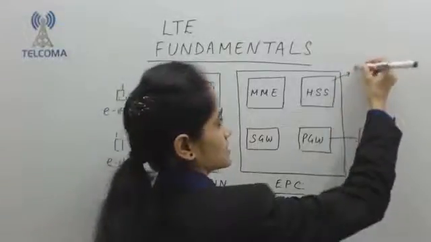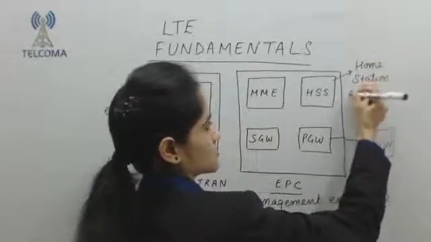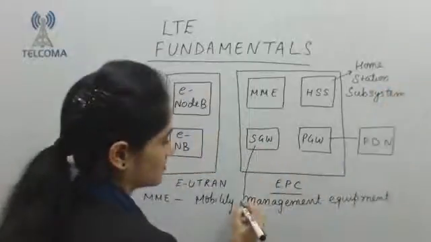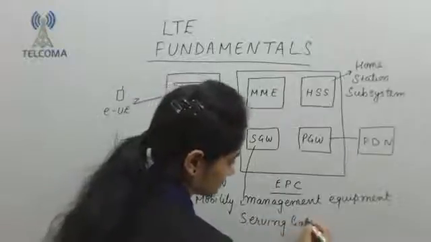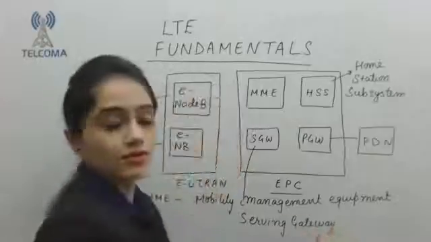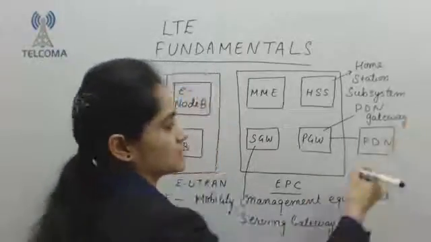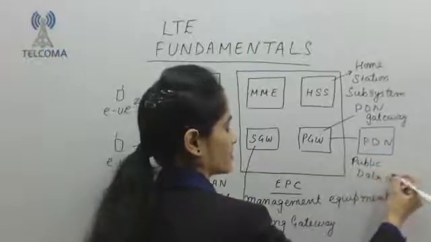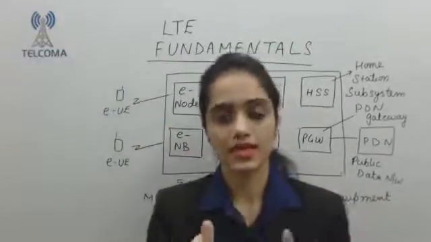Then we have HSS as home subscriber subsystem, SGW as serving gateway, and PGW is PDN gateway, where PDN is public data network. So that means my core network has basic 4 databases attached.